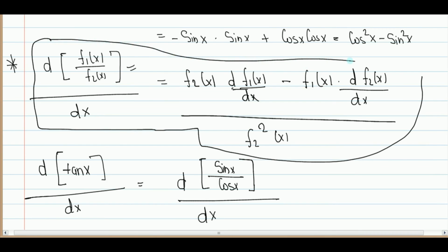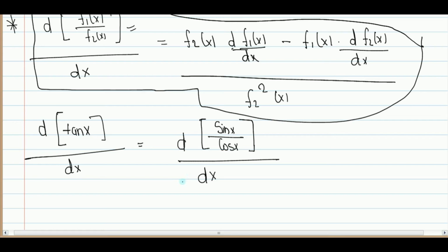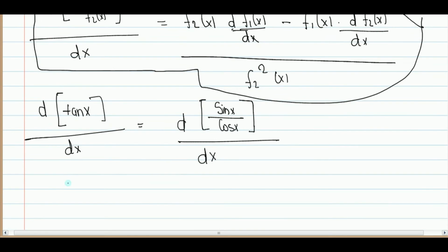This formula we can apply for the division. What we have to do? Nothing. Just remember, stick with the basics. So here f2(x) is cos x and f1(x) is sin x.